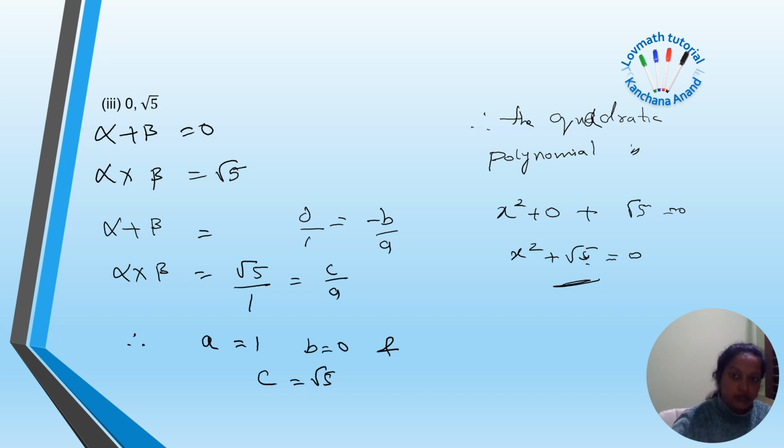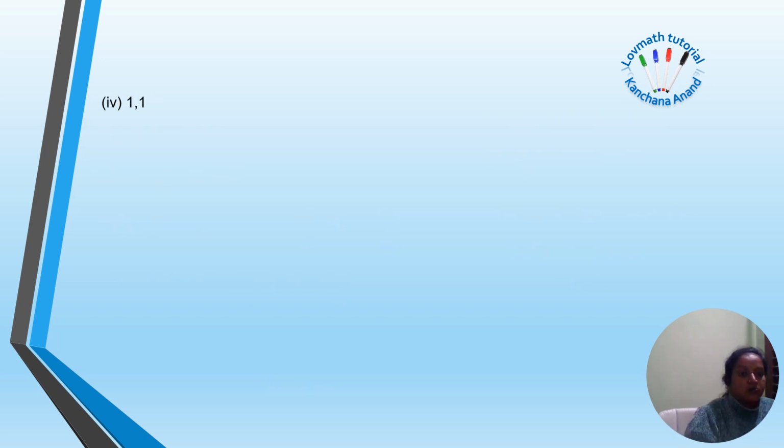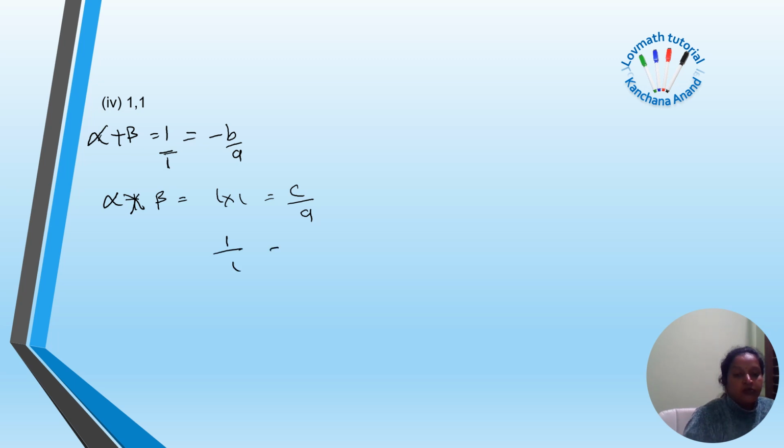Now let us jump to the next problem, which is 1, 1. Here alpha plus beta is equal to 1, which is equal to minus b by a. Here we can consider a as 1 and the product of zeros alpha into beta is equal to 1 into 1, which is equal to c by a. That means 1 divided by 1 is equal to c by a.